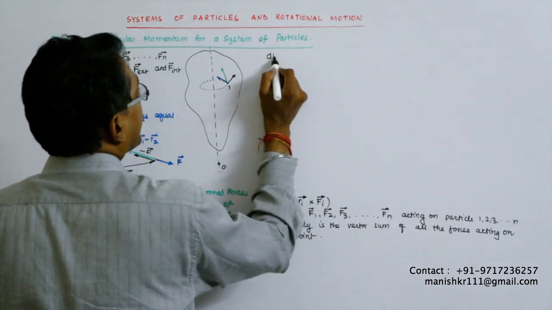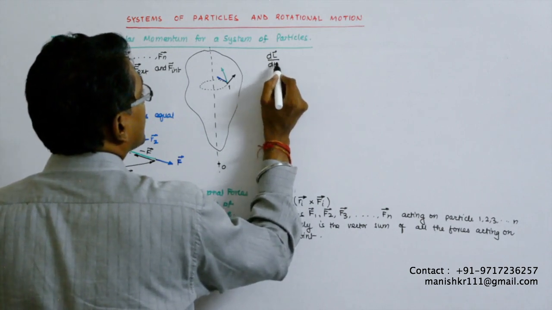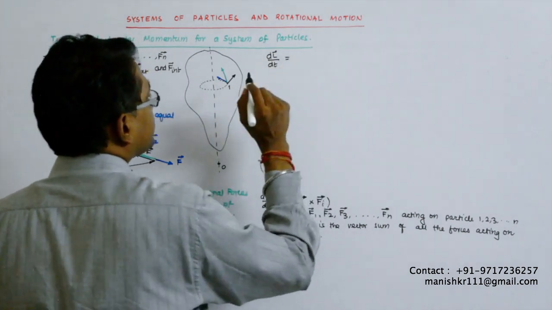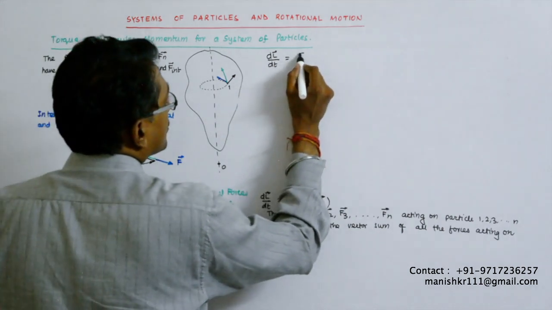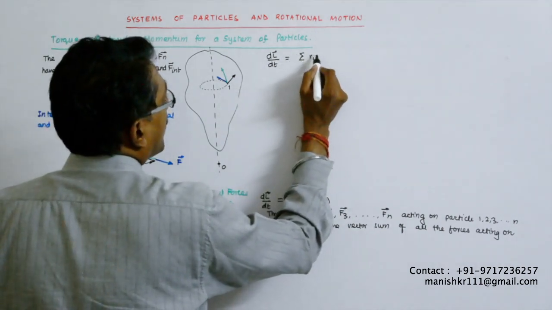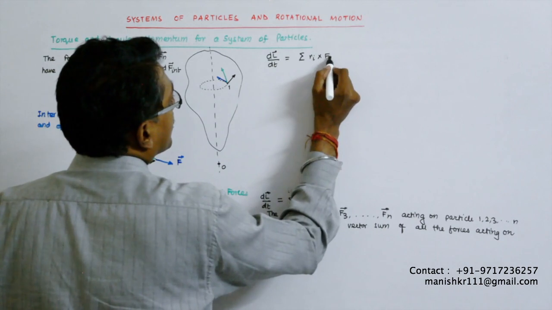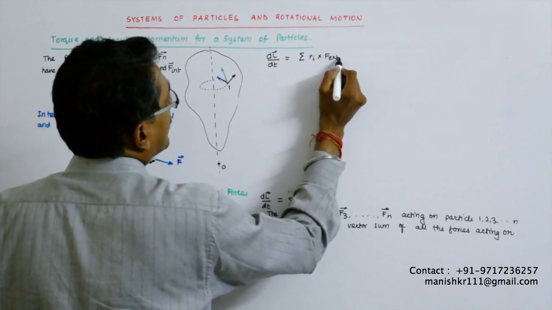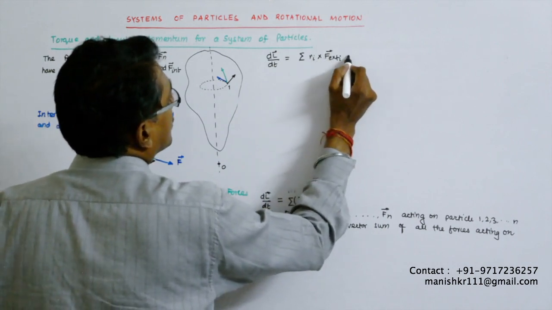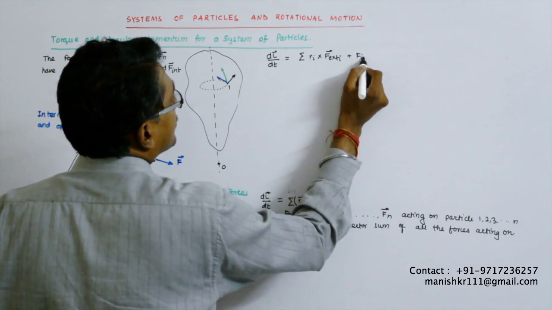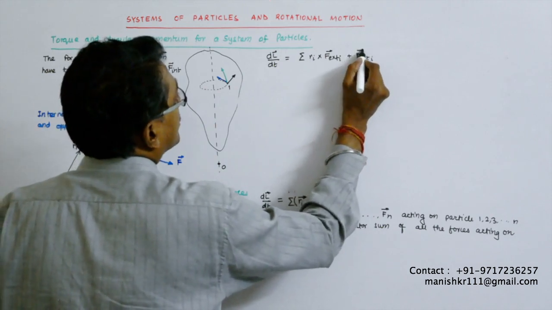So total dL upon dt becomes equal to summation Ri cross F external i plus F internal i.